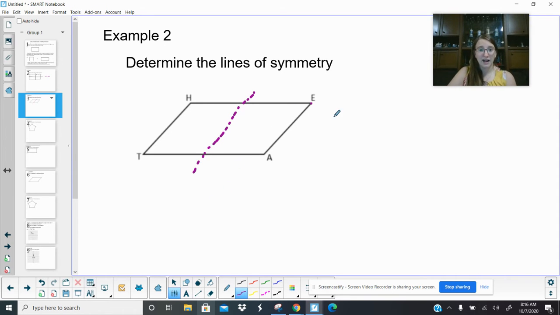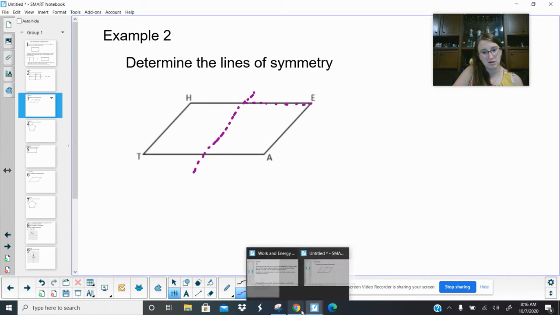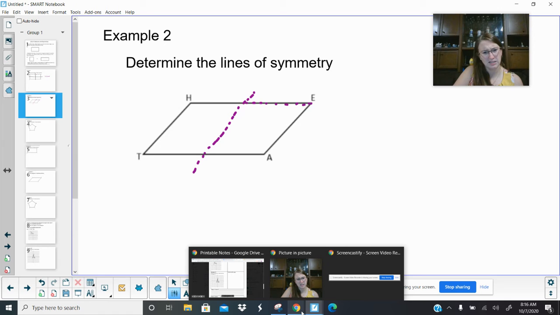There is one line of symmetry in this, however. That is a line of symmetry, because if I folded this over this diagonal line, this is the same distance away here. This is the same distance away here. Let me see. Is there any lines of symmetry? Am I wrong? If I fold that over the diagonal.